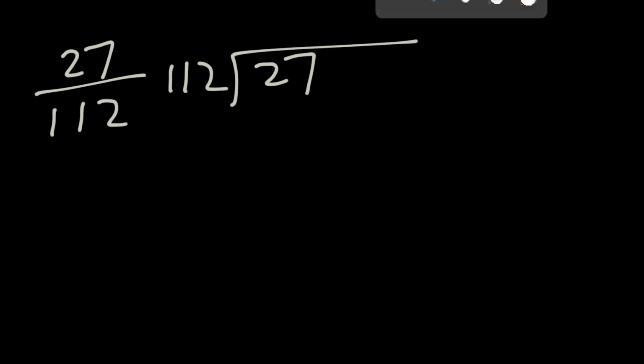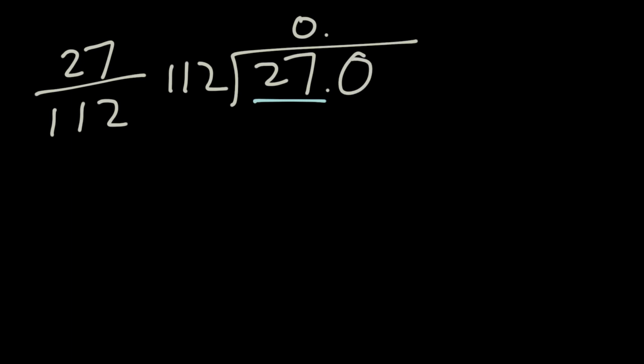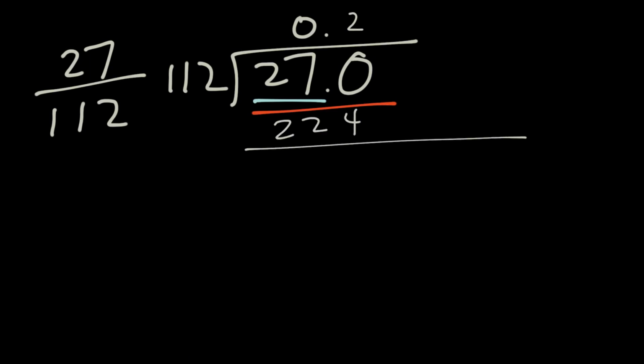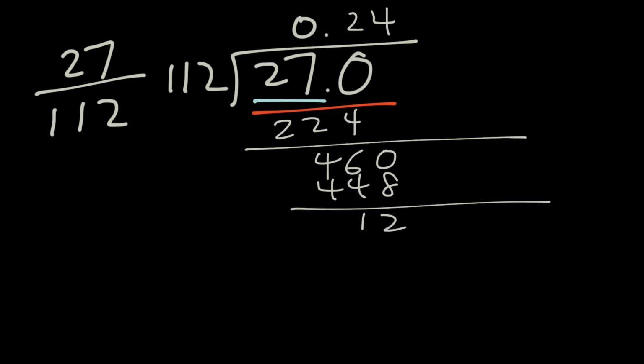The 27 is not big enough for 112, so we'll put a 0, and then we'll add a 0 here. 270 divided by 112. 2 can go into it. 224 becomes 46. Bring down the 0. It's 4. 448. 12. Bring down the 0. And this will be 1.